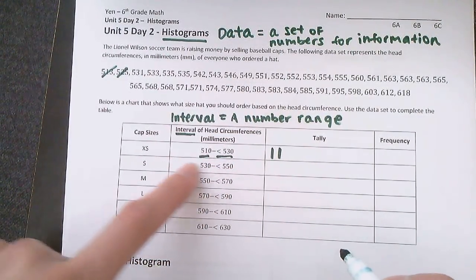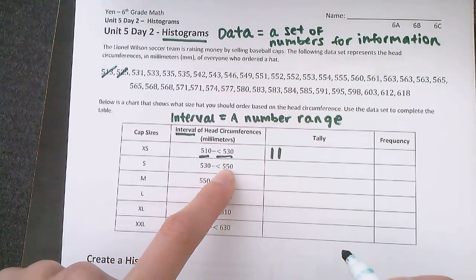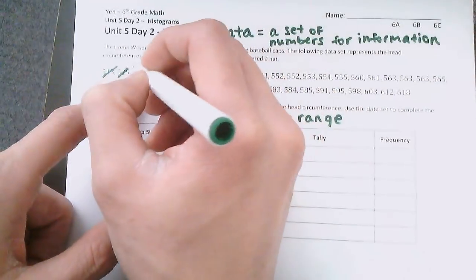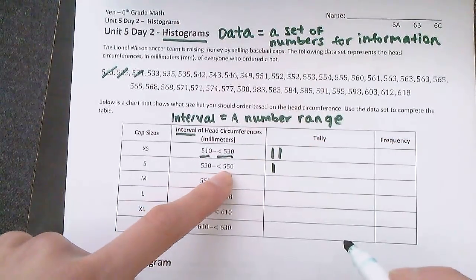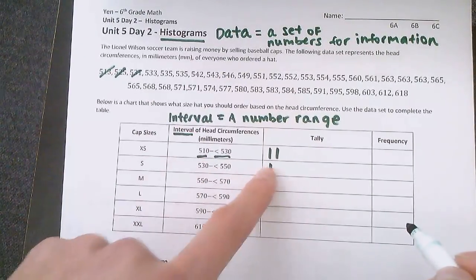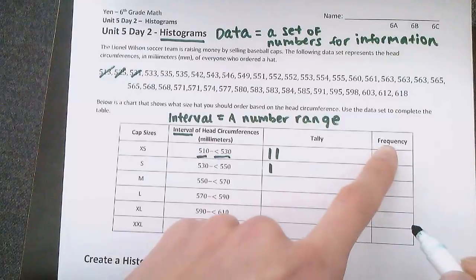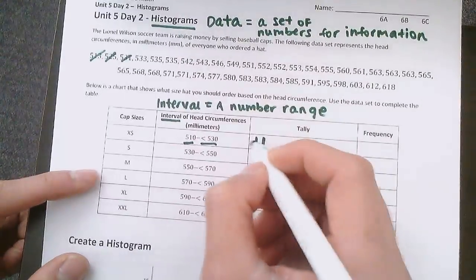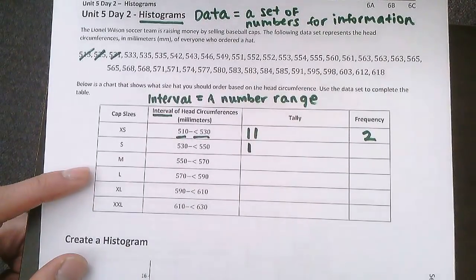Instead, it goes to the next interval, which is 532, everything less than 550. So 531 would go in this number range. Since there were only 2 tallies for the extra small, for frequency, remember frequency is how often it happens, twice. So I can put the number 2 right there.